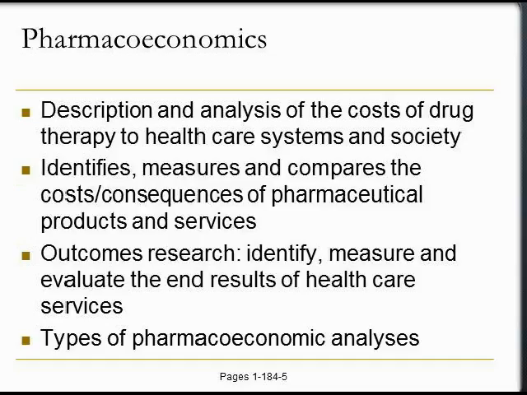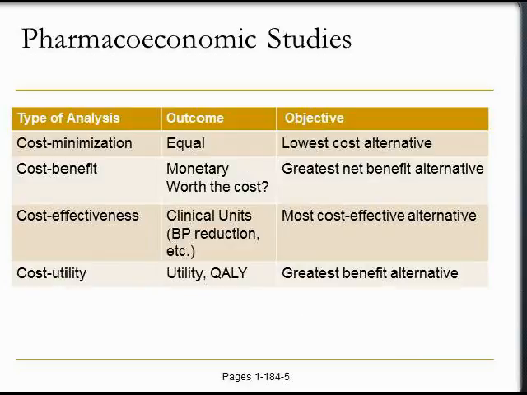Identifies, measures, and compares consequences of pharmaceutical products or services. And the types of pharmacoeconomic analyses are shown here. First is cost minimization. Okay, and this would be when the outcome of interest is equal, we're trying to seek the lowest cost alternative.